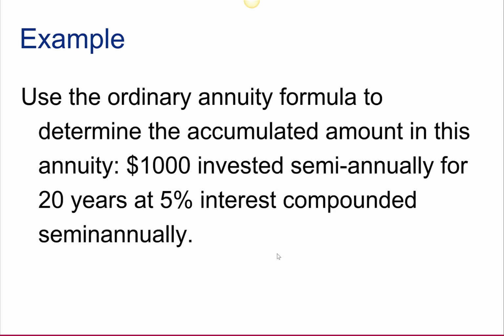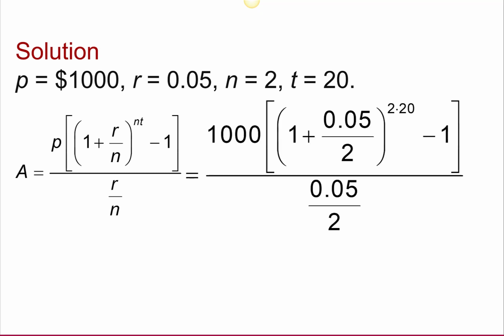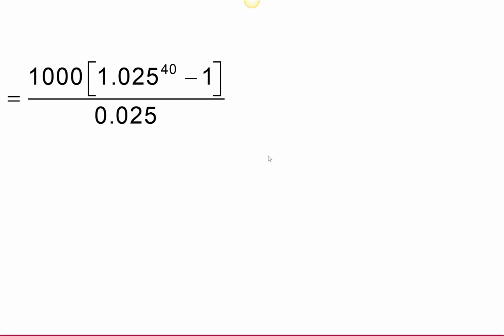Use the ordinary annuity formula to determine the accumulated amount in this annuity: $1,000 invested semi-annually for 20 years at 5% interest compounded semi-annually. So $1,000 are our payments, 0.05 interest rate, 2 payments per year for 20 years. So again, I simplified the denominator. Likewise in the numerator, let's just go back.